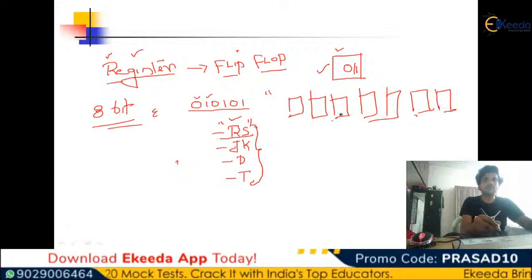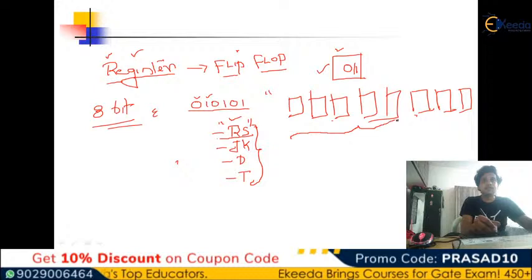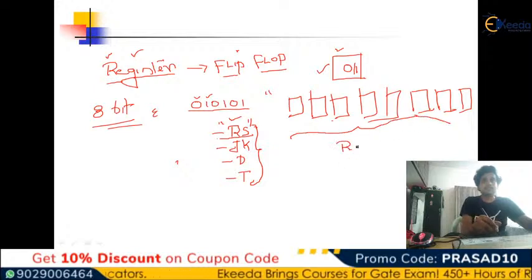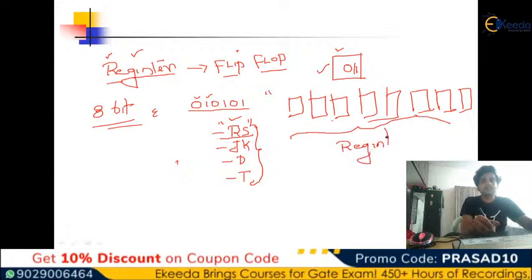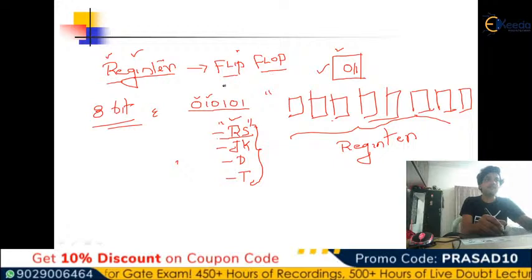One, two, three, four, five, six, seven, 8. Now you can clearly see this is a register. Eventually, a register is a collection of flip-flops. Simple. What we need to do is design this register set.